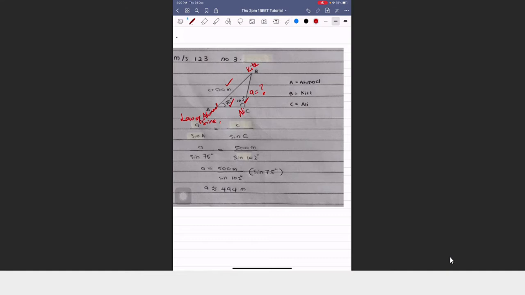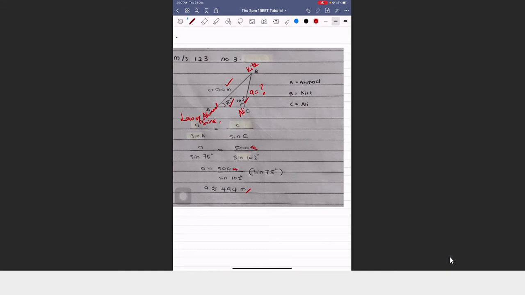Normally when we put information into the equation, we don't have to write the unit meter. Just put only the value. For the final answer, yes, you can put your meter. M is meter here.